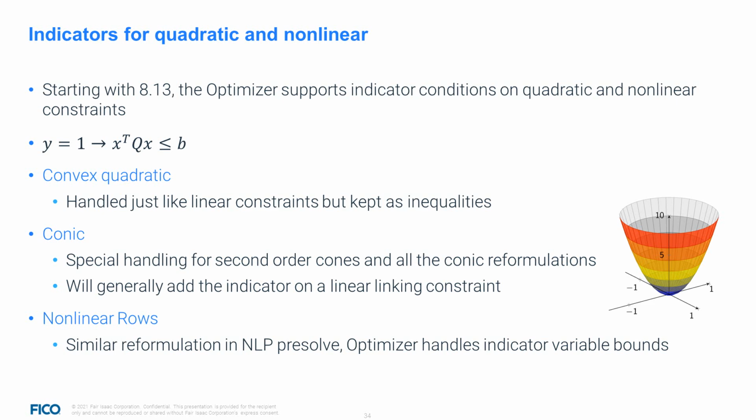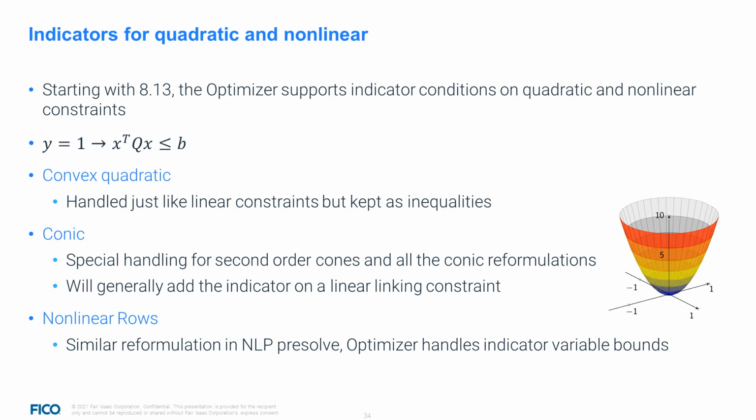So, this is a great new feature that opens a whole new set of possibilities for modeling mixed integer programming problems. We can have, for example, convex quadratic constraints, which are simply handled as normal quadratic constraints, again with a new slack variable attached. So this is really the same trick as for linear constraints. We can have conic constraints. Conic constraints generally undergo a special reformulation, which generates a linear linking constraint.